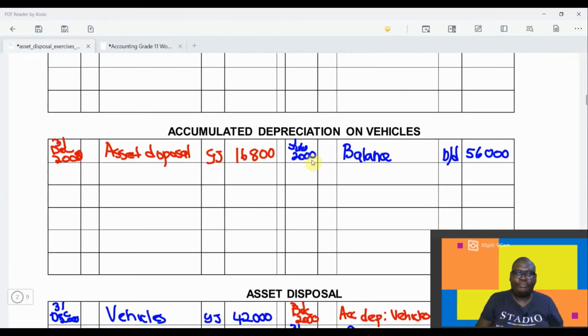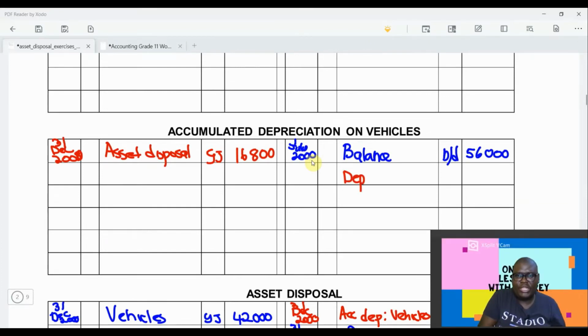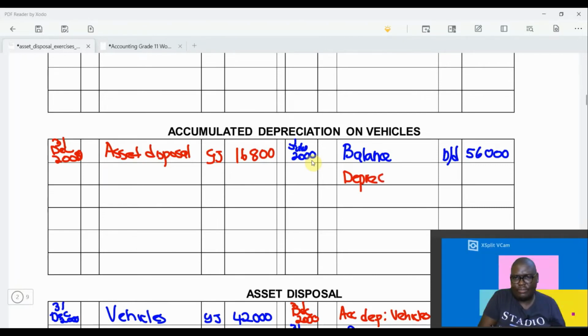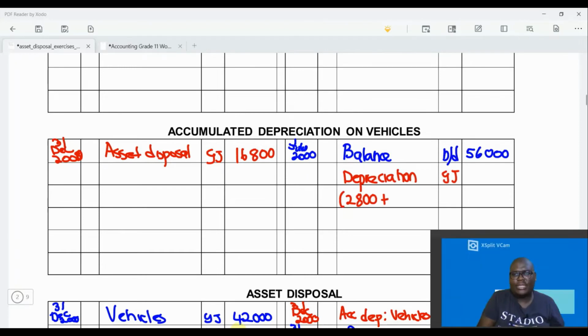My teacher used to do it like this: on depreciation, remember the side we're supposed to have depreciation, and this is shown in the general journal. So far we know that our depreciation for the sold one was 2,800. Then we're going to add plus.